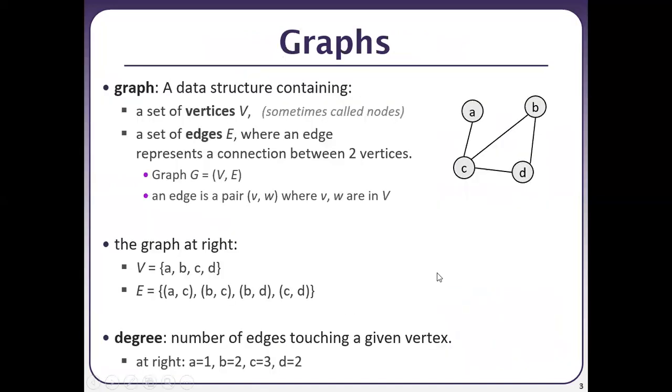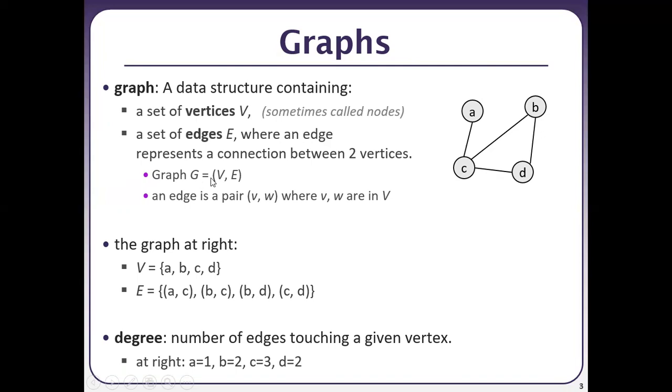Now we will see the graph terminologies used in data structures. The definition of a graph: a graph is a data structure that consists of a set of vertices, which we can also call nodes, V, and a set of edges, where each edge is connected between two nodes or vertices.